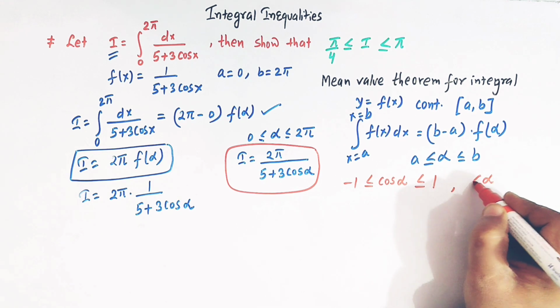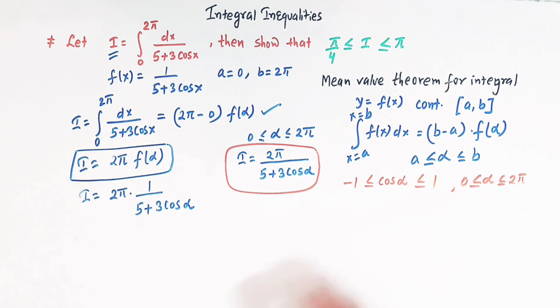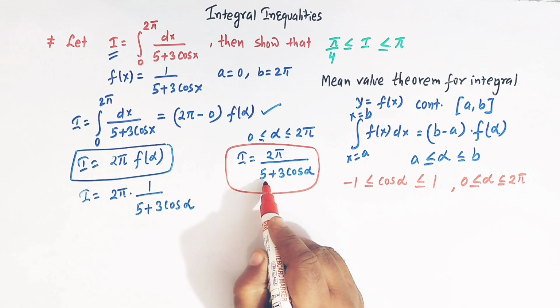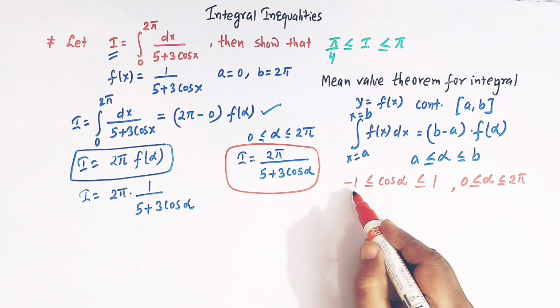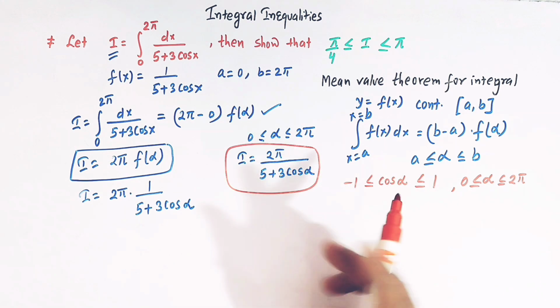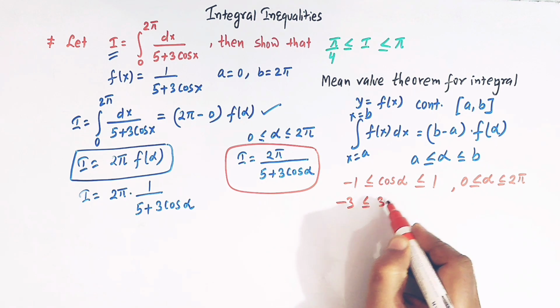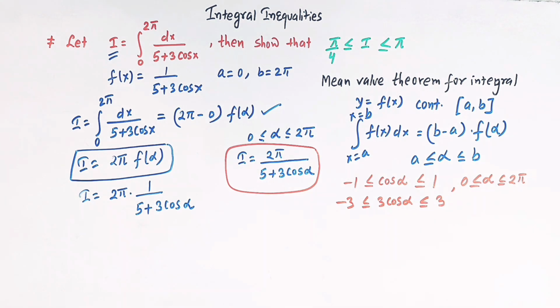And this holds whenever alpha belongs to the interval 0 to 2 pi. Now see, in the denominator we have 5 plus 3 cos alpha. So let us multiply this inequality throughout by 3. So we have here minus 3, here we have 3 cos alpha, and here we have 3 ones are 3, right?